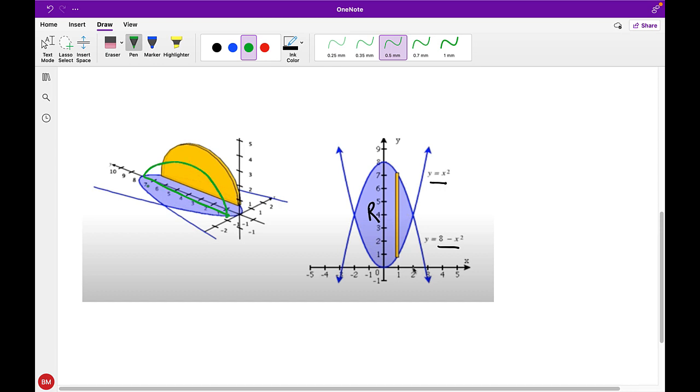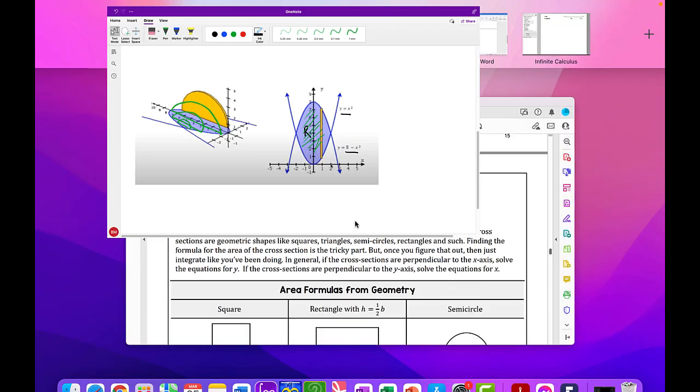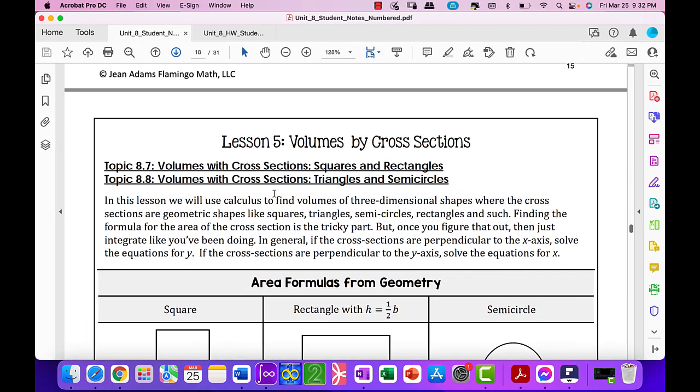Okay, now this will make more sense as we work through some examples. But if I were to string together basically an infinite number of semicircles and find the volume of all of those, I'm going to find the volume of this solid region here. Okay. So that's basically what we're doing.